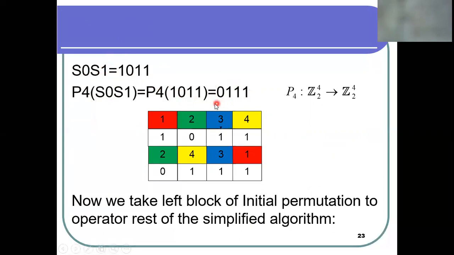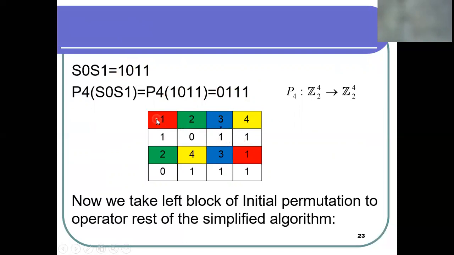After applying the 4-bit permutation, it means I just place positions 1, 2, 3, 4. The output after the substitution boxes is 1, 0, 1, 1.